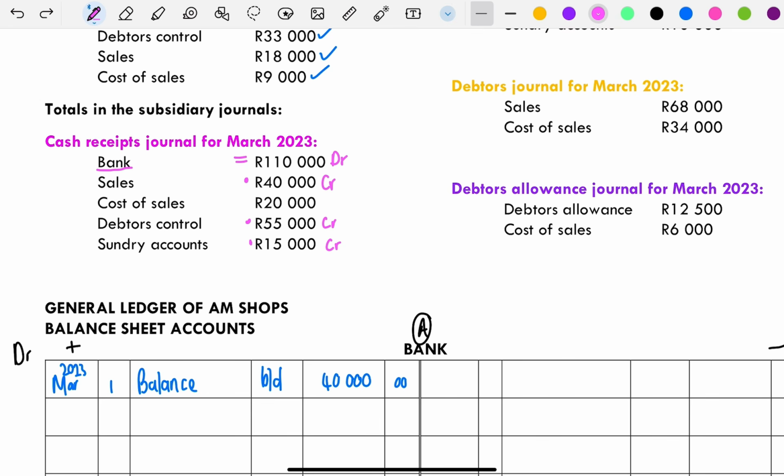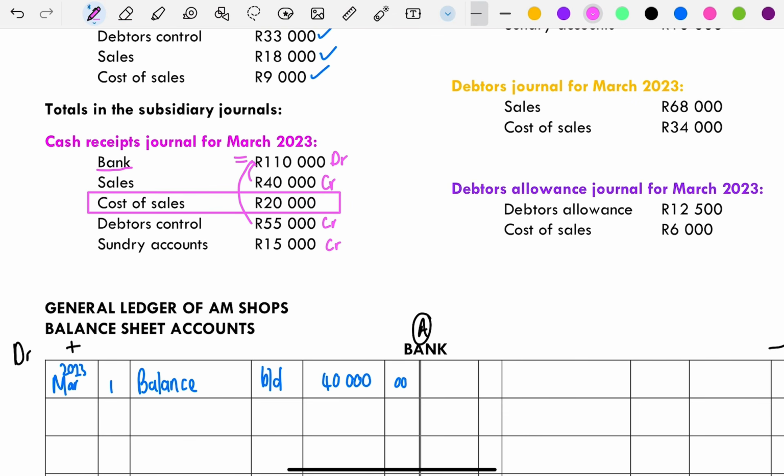And you'll see I'm actually leaving out cost of sales. I'm leaving cost of sales out of my bank double entry because cost of sales isn't money that we actually received. Whereas our sales income, that 40,000, is included in the bank because we did receive that money in cash. Same with the money we received from debtors.